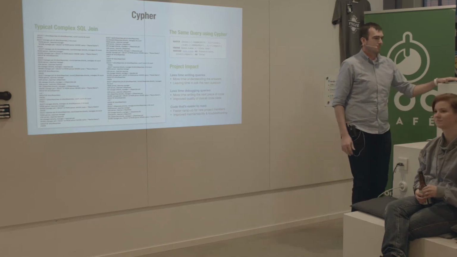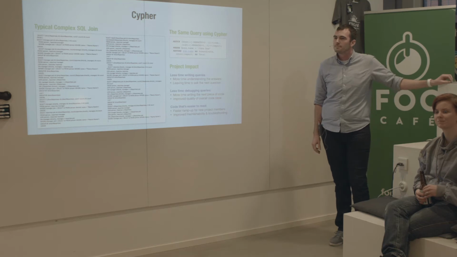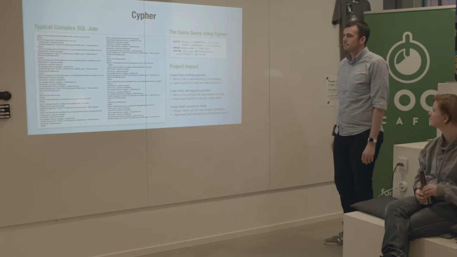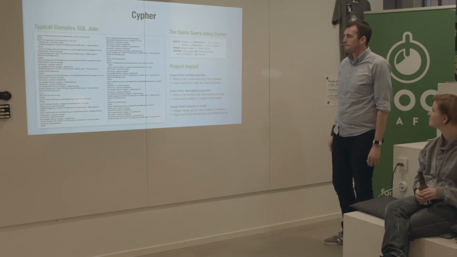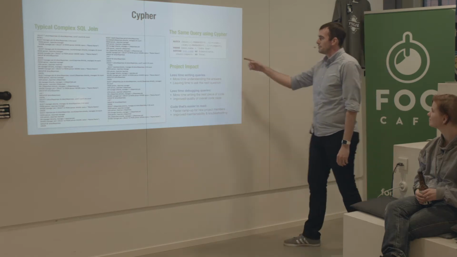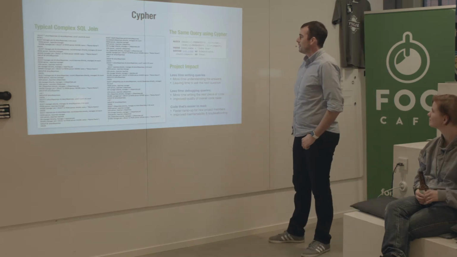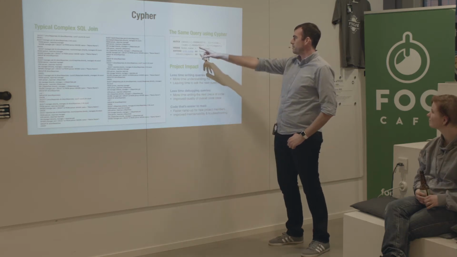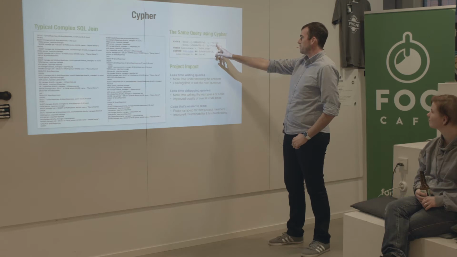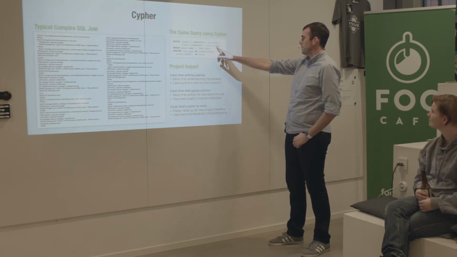Could you tell us what that Cypher query actually does? Yeah, okay, so we find that we have a boss that manages subordinates. Subordinates manage someone that reports to them.